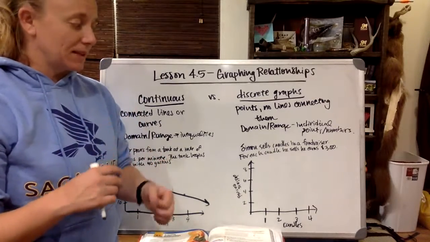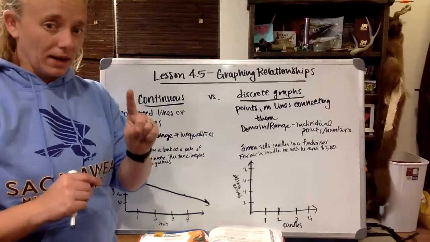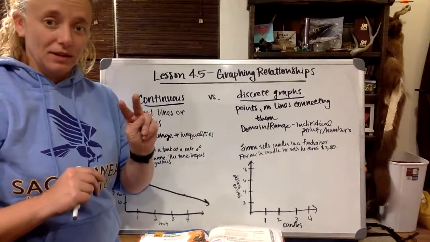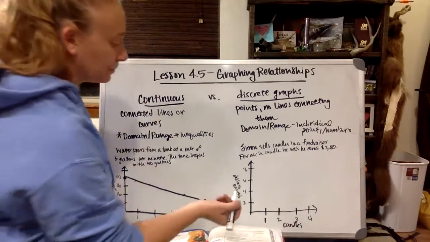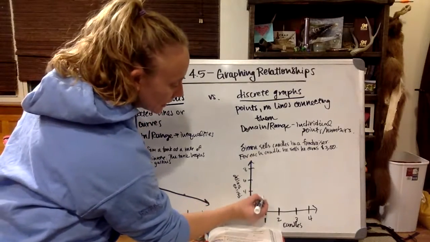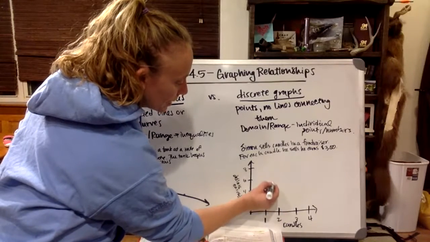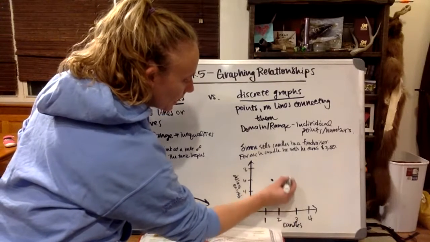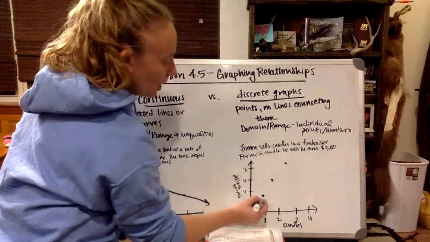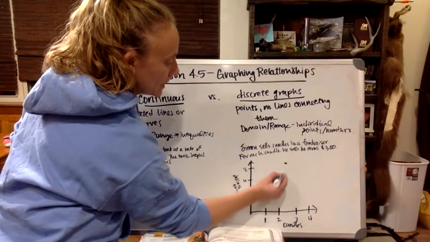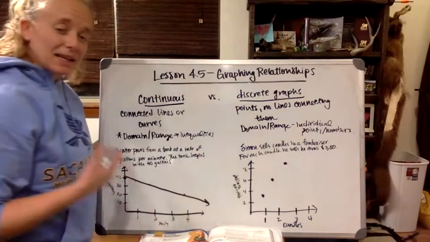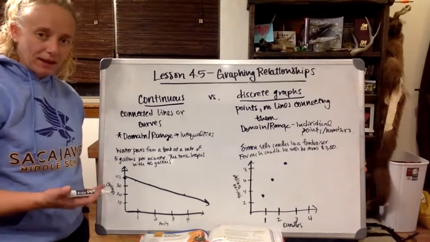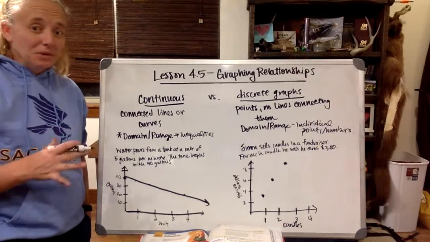But what does make sense is every candle: one candle, he gets $3. Two candles, he gets $6, and so on. So we'd want to see something like this. One candle, $3. Two candles, $6. Three candles, $9. And we're not going to connect these dots because, again, he's not going to sell fractions of a candle. That would make no sense whatsoever.